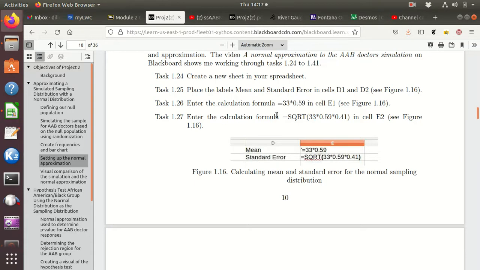we're coming up with that mean, and that was 33 times our 0.59 hypothesized value. And then we need our standard error, which is the square root of n times p times 1 minus p. So that's what that is.